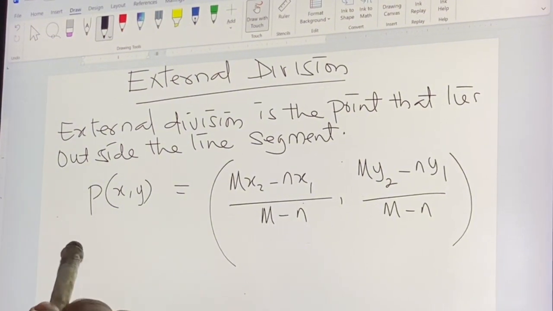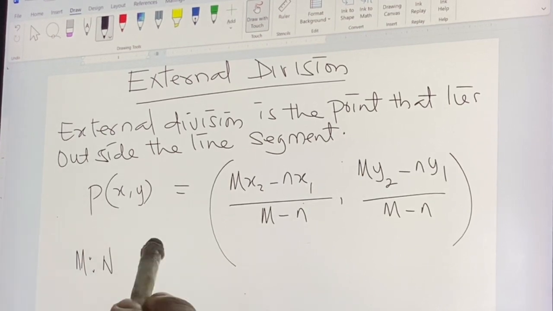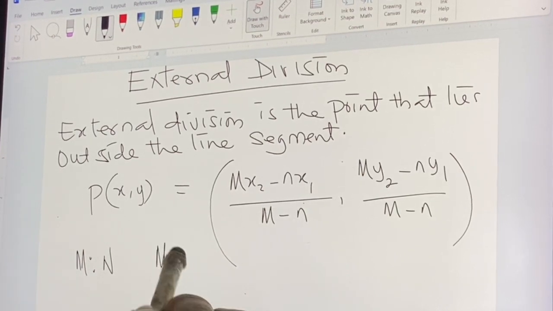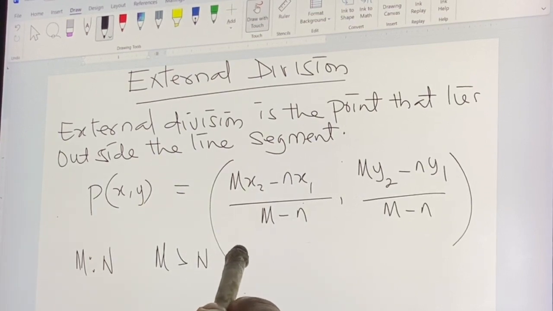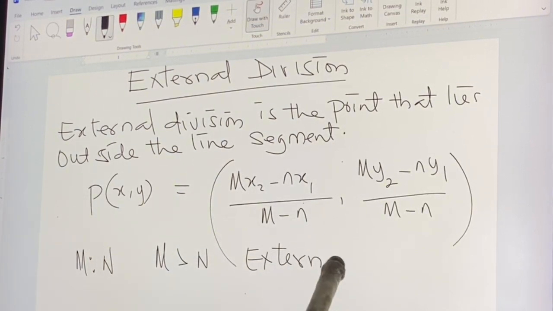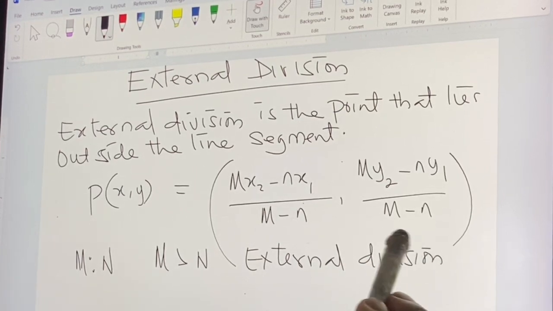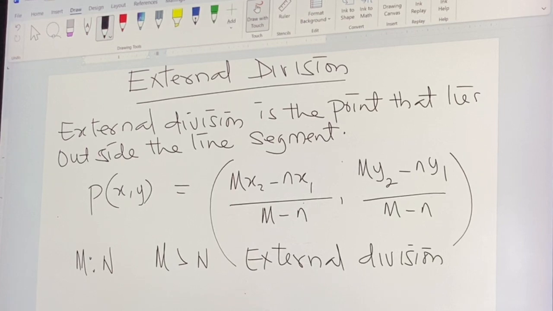We say that when the ratio is m to n, and m is greater than n, we can call this external division. Please, sometimes, not most times, take note: if it is defined, we will know if it is an external or internal division.